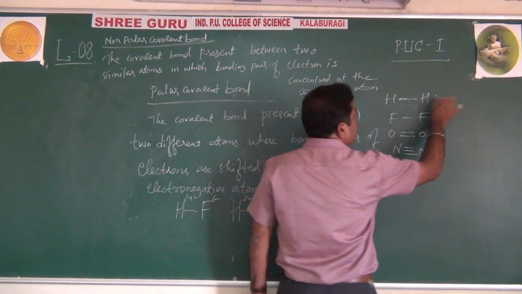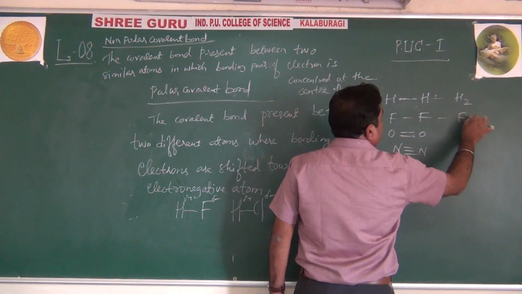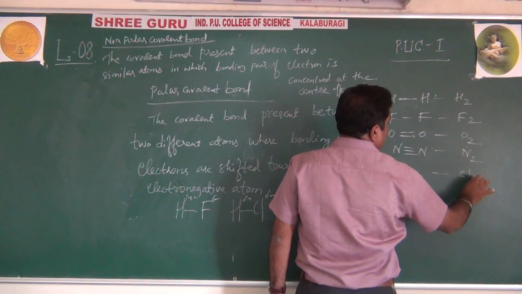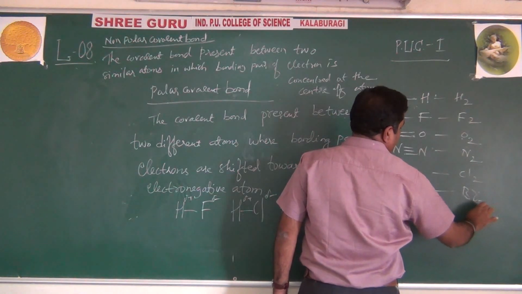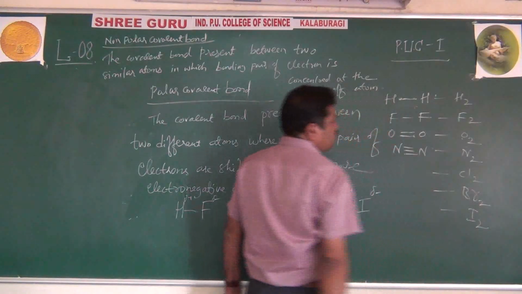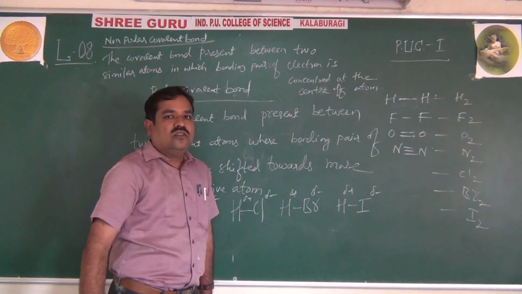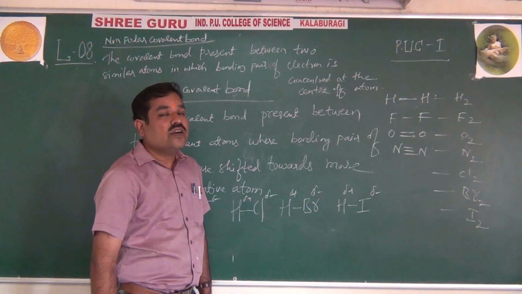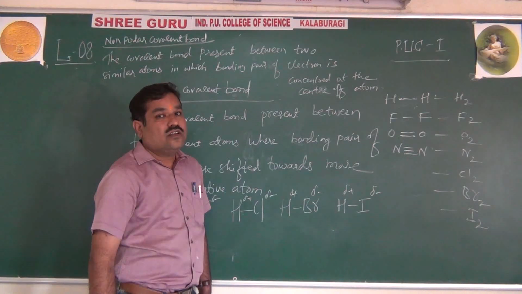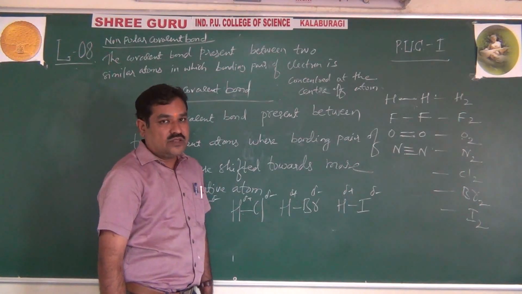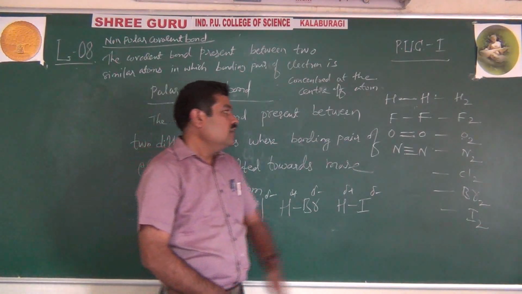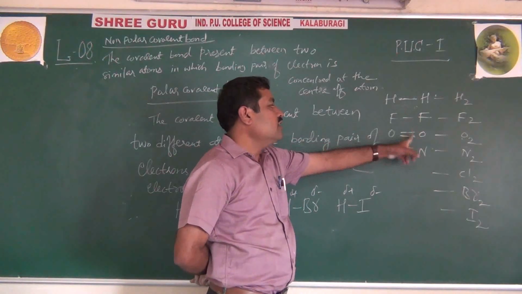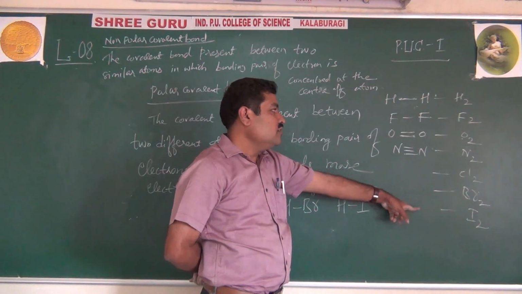Generally we write H2, F2, O2, N2, Cl2, Br2, and that means this does not carry charge. Non-polar does not carry charge. Polar carries partial positive, partial negative, due to difference in electronegativity of the atoms. The more electronegative carries negative charge, the less electronegative positive charge. Here, it is the same electronegativity because same atoms. Only bond order is different: single, double, triple.